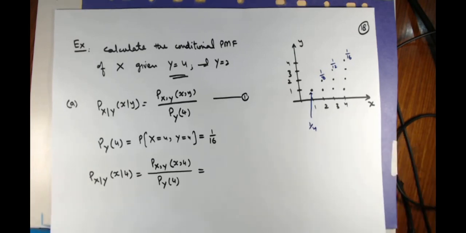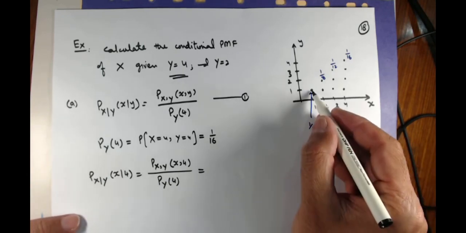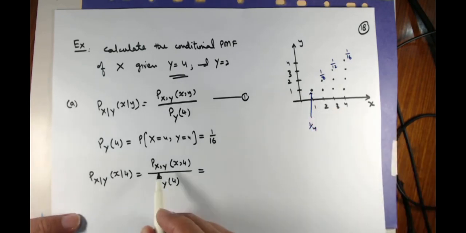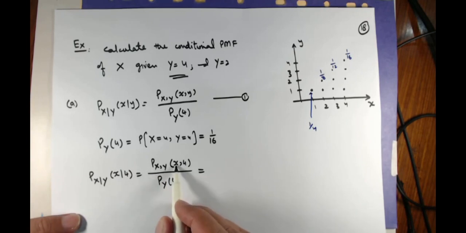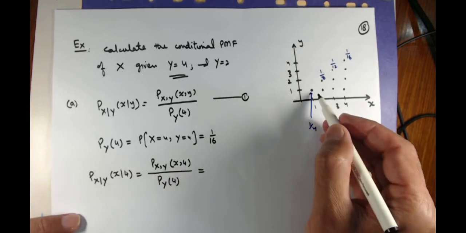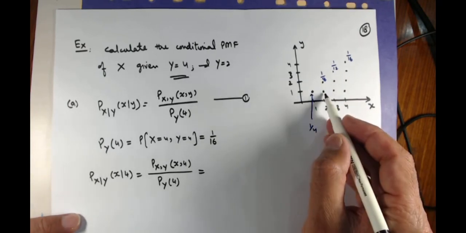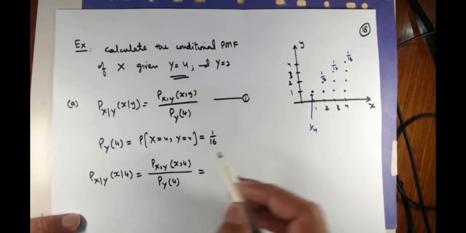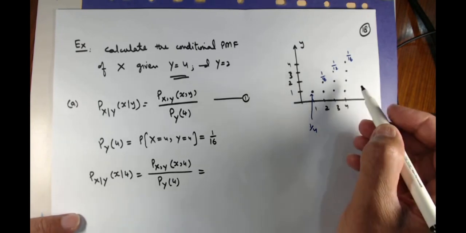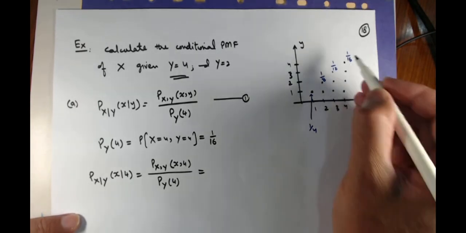So now you see, for X is equal to 1, P sub X comma Y of 1 comma 4 is 0 probability because X is equal to 1, but there is no value for Y. 2 comma 4 is not possible here. 3 comma 4 is not possible. Only possibility is 4 comma 4.